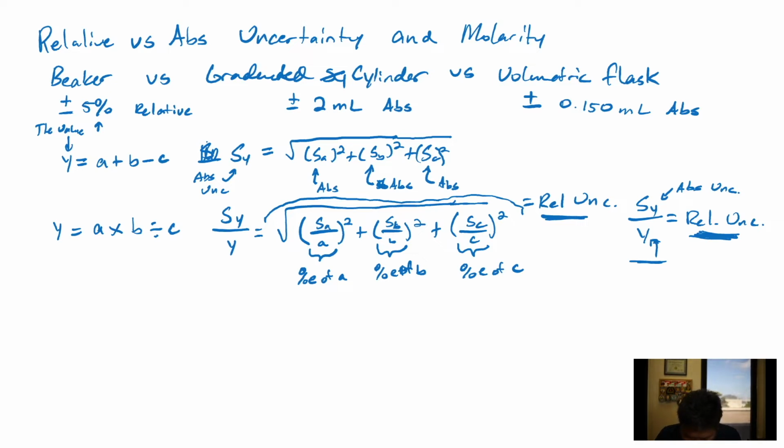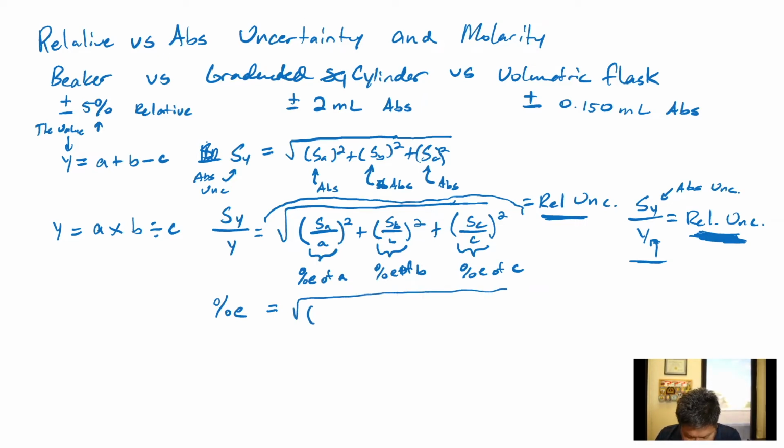Remember, relative uncertainty is the same thing as Sy over Y. So you can say percent E equals the square root of the percent E of A squared plus the percent E of B squared plus the percent E of C squared.